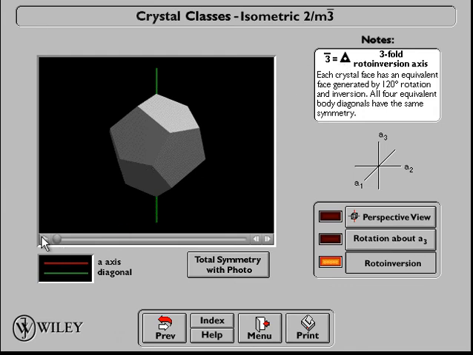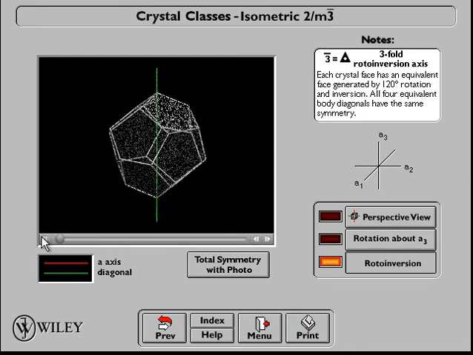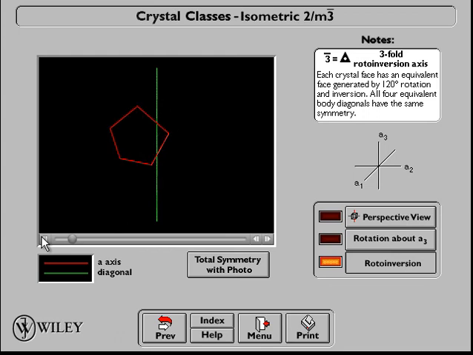Now you can just watch it here. It's a beautiful software. First we make our 120 degree rotation, putting our crystal face to that side. Then through the center of symmetry we make an inversion.